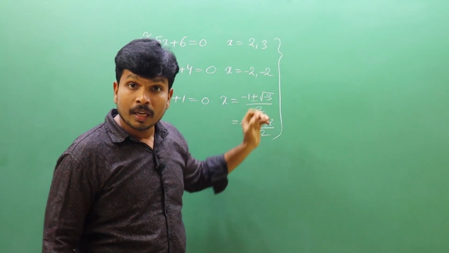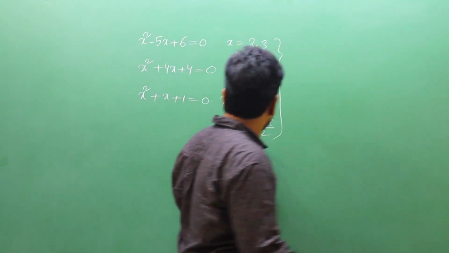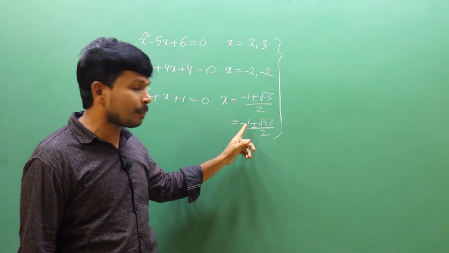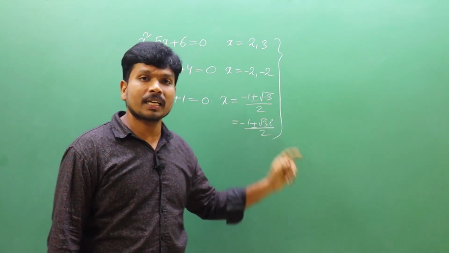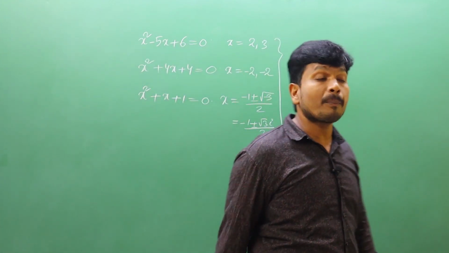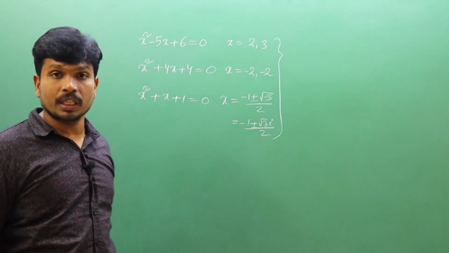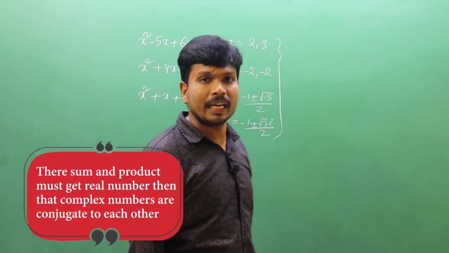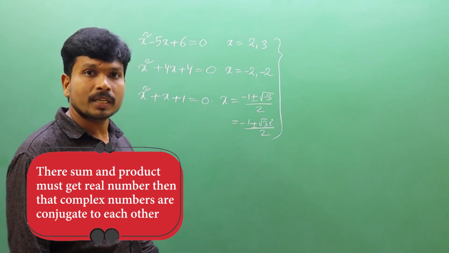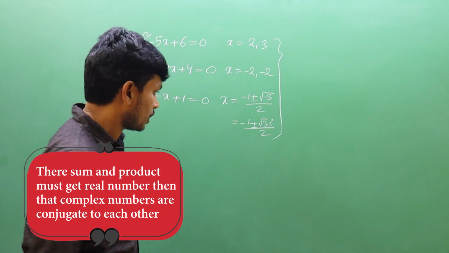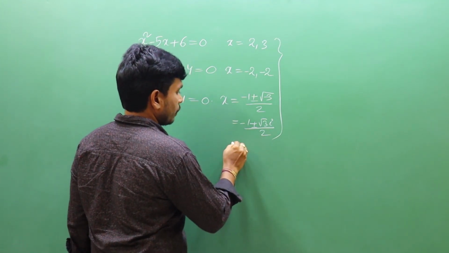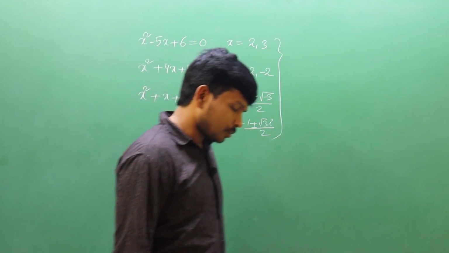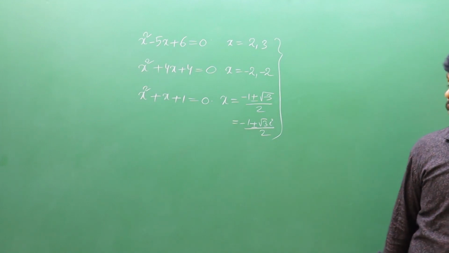These roots are real and equal, and these are the complex numbers because it is the combination of real part and imaginary part. So that's why these are complex numbers conjugates to each other. Do you know what conjugates means? If their sum and product are real numbers, then those complex numbers are conjugates to each other. See here, one is minus 1 plus root 3i by 2, another one is minus 1 minus root 3i by 2. Okay, clear.